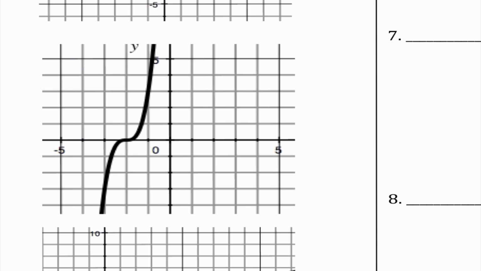Okay, so this next one here, once again, it is an x cubed. It looks like it has moved to the left too. It didn't move up or down at all. The other thing that I noticed here is it does look like there's a vertical stretch, and it's kind of tough to tell exactly where it's at, and I promise you guys on a quiz or a test I wouldn't give you one where it's really tough to see where it's crossing, because it's definitely not going up 1 over 1.